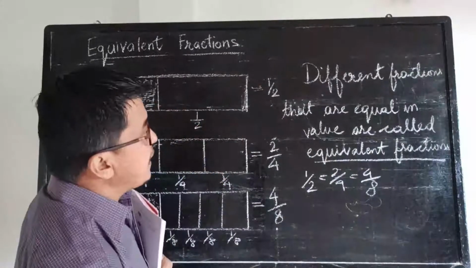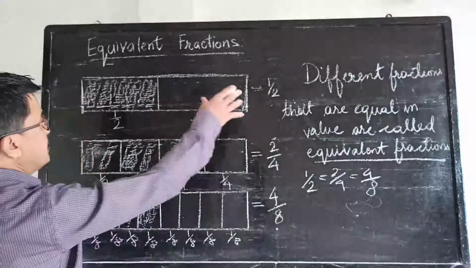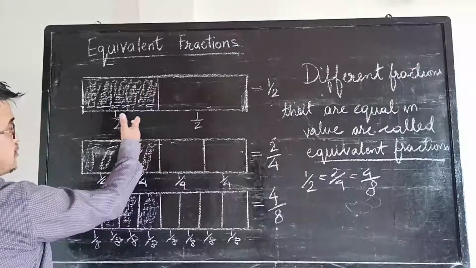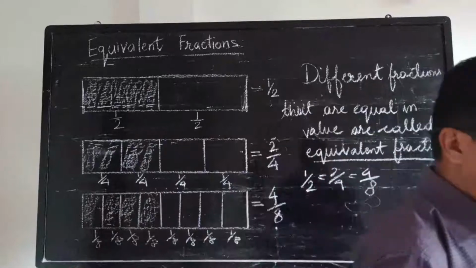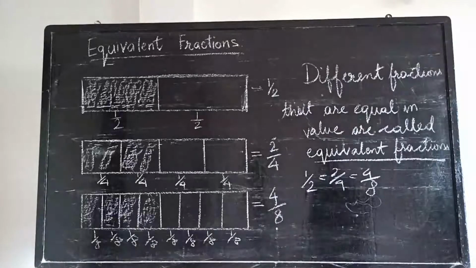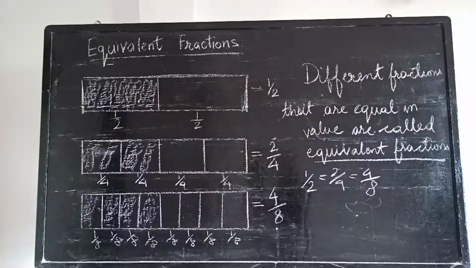These fractions are equal in value. Different fractions that are equal in value are called equivalent fractions. Now finding equivalent fractions. How do we find equivalent fractions?